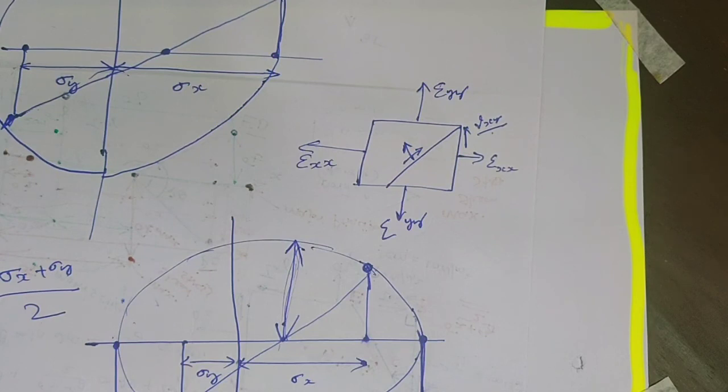So the basic understanding of the transformation theory is very important to draw the Mohr circle. That is why I derived all the equations and theory portions of transformations of stress and strain. So you have to study the Mohr circle in depth, but you should understand the concept behind the transformation of stress and strain theory. Okay, thank you.